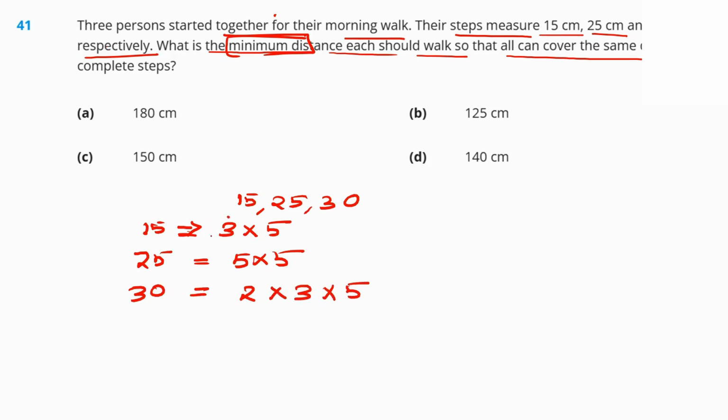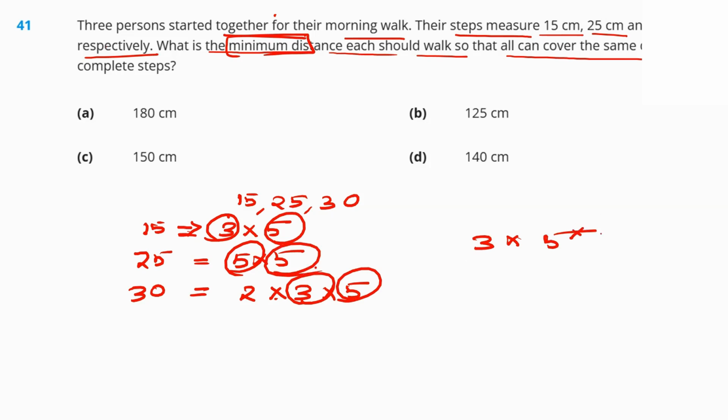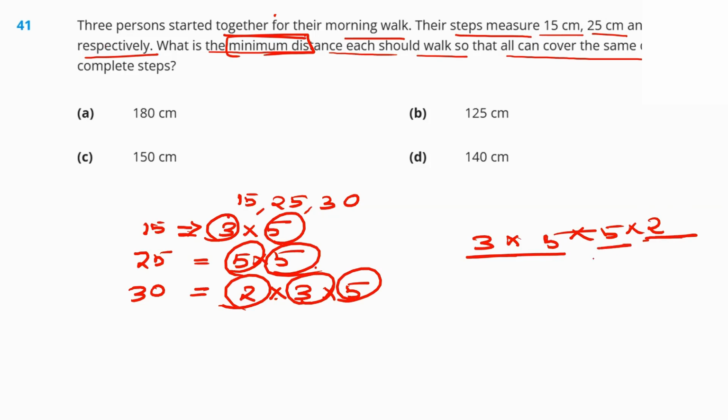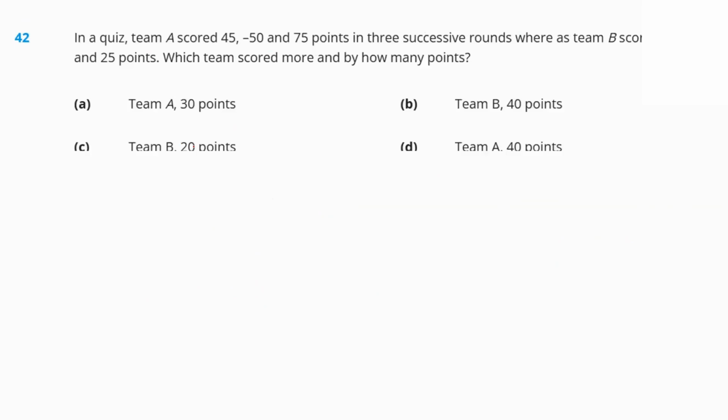Okay, so what's the LCM? 3 into 5 into 1 more 5 into 2. That's 5 3s are 15, 15 2s are 30, 30 5s are 150. That's the required answer, option C.